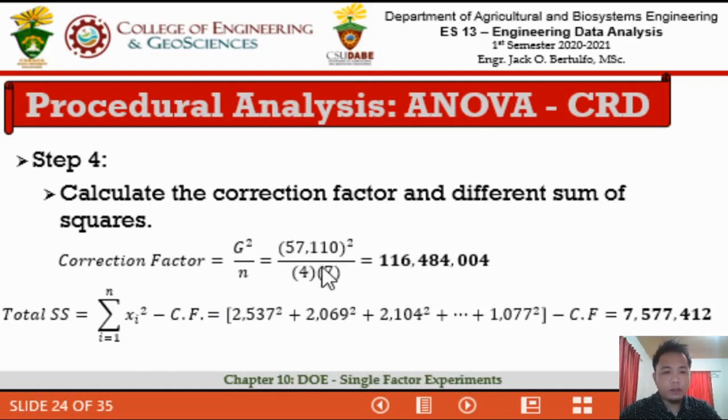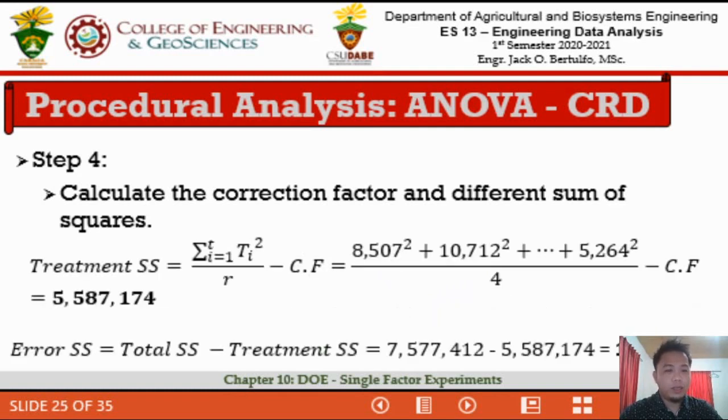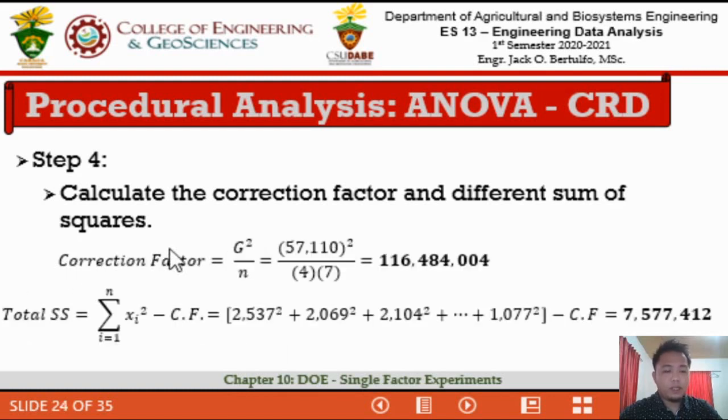For correction factor, we know that we already calculated the G, which is the grand total, 57,110, and N is just equal to R times T. R is the number of replication, T is the number of treatment. Then you have this correction factor of 116,484,004. Okay, then for total SS, we have this formula.